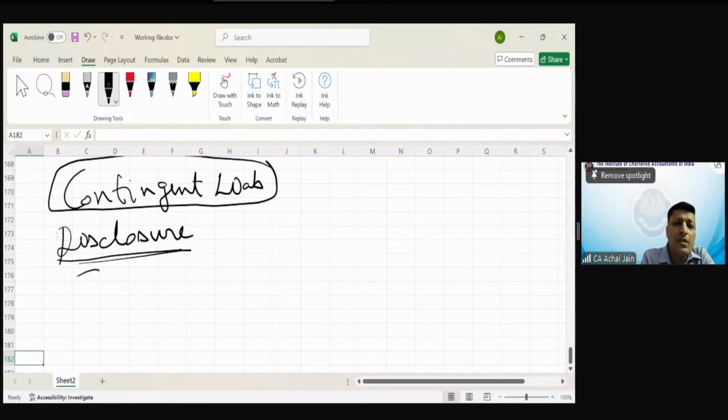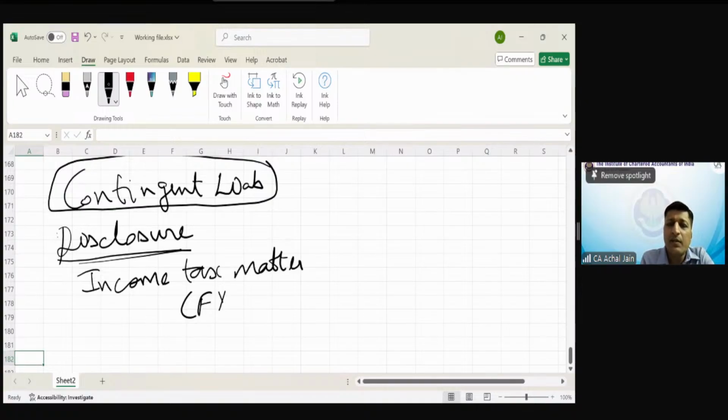So in the disclosure, it was mentioned income tax matters. And let's suppose it was specified financial year or assessment year 22-23. Let's suppose this much part was specified. Okay, so that's in relation to income tax matters.